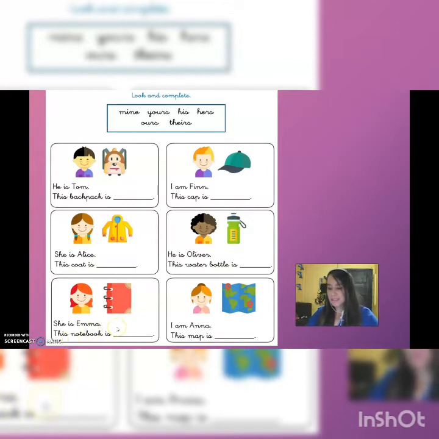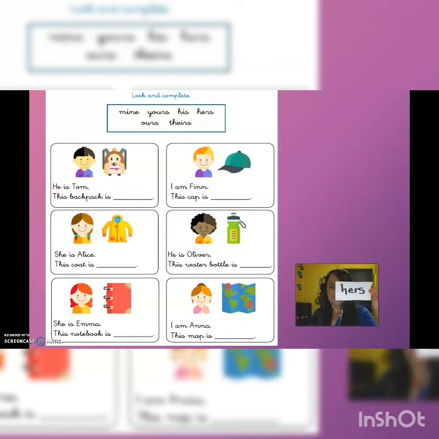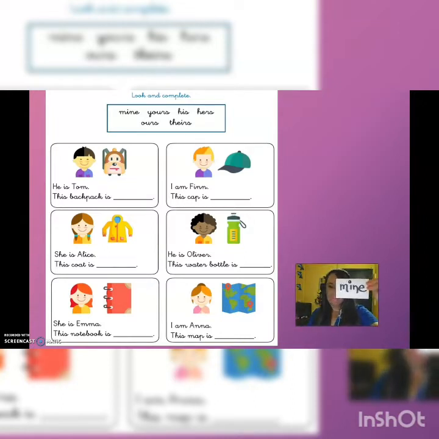This notebook is hers. And last exercise, in order you can understand better this content, I am Anna. This map is mine. So, any question about this content?